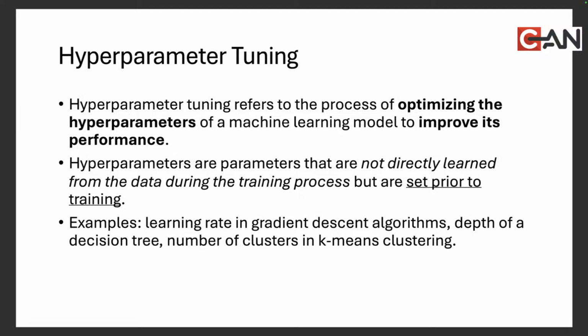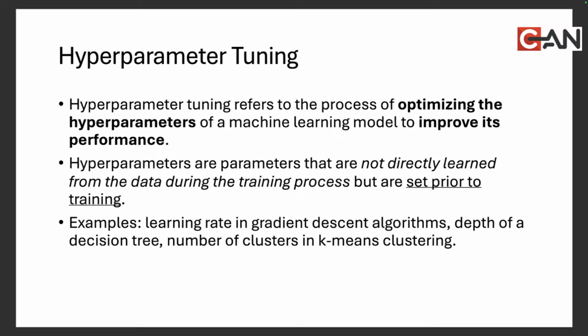Hyperparameters are not directly learned from the data. So they are set prior to the training. Whereas your parameters, your model's learning that, it's updating the weights and biases through backpropagation, it's changing those, and it's learning from the data. You tell it what the hyperparameters are. You say, hey, max depth is 8 or max depth is 32.